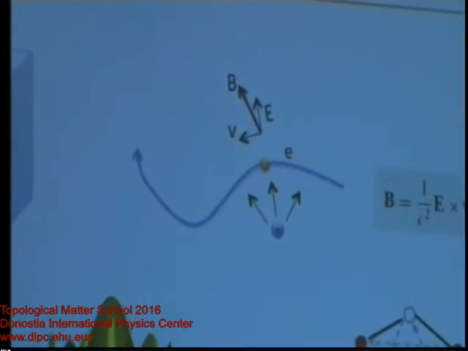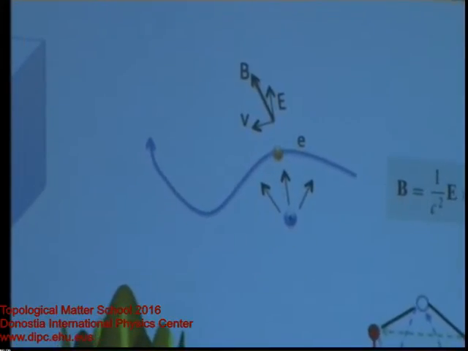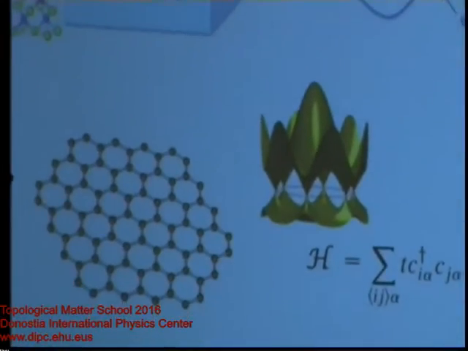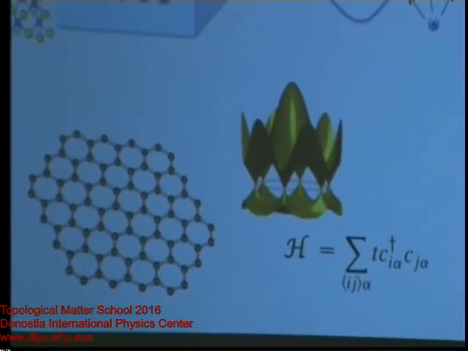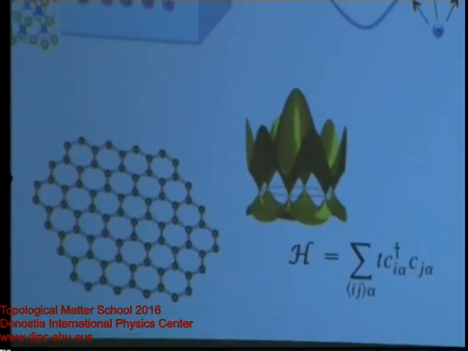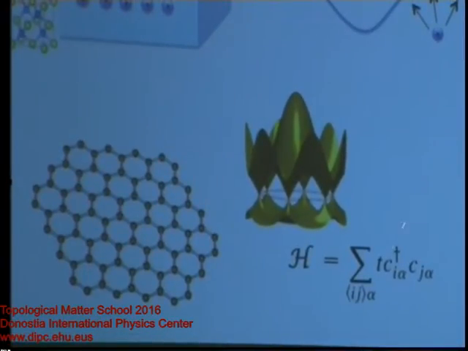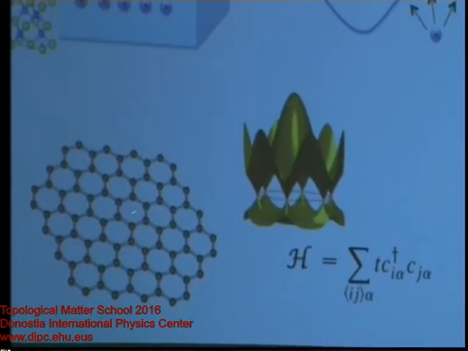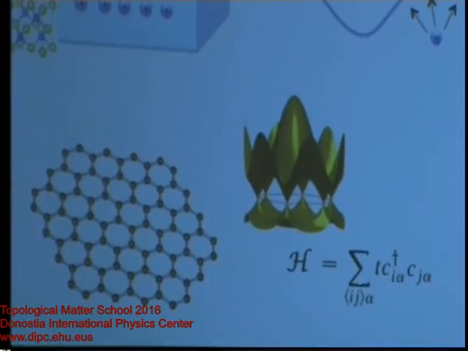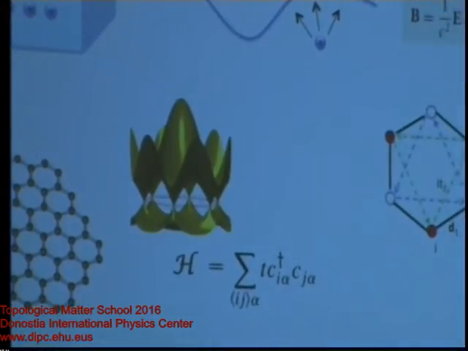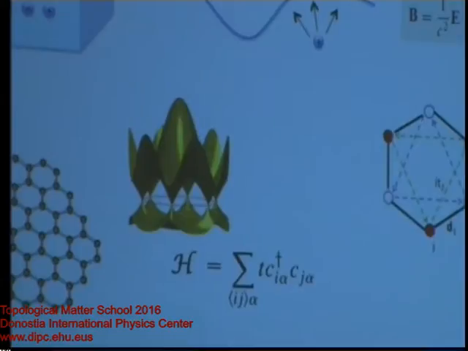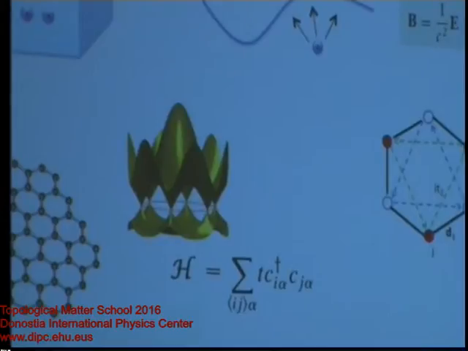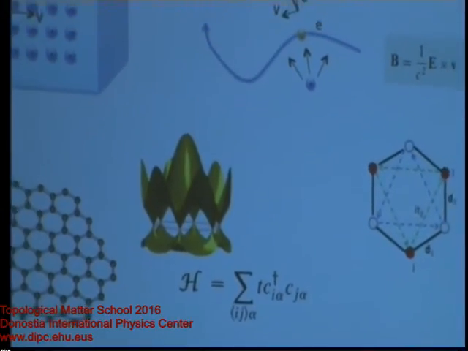Now we go to graphene to see whether this can happen in graphene. Graphene, we know, has this honeycomb lattice. And this is the band structure, the Dirac cone. We saw it many times. And this Hamiltonian is actually very simple. If you only assume first nearest neighbor hopping, electron hopping from one site to another, then from this tight binding model, considering the crystal symmetry and the hopping direction, you will get a band structure like this, with Dirac cones at the K point, the boundary of the Brillouin zone.